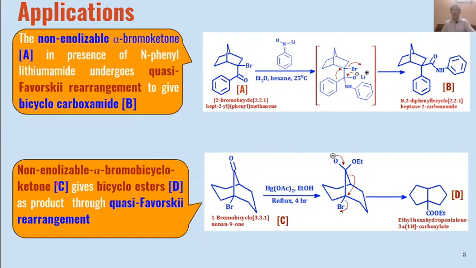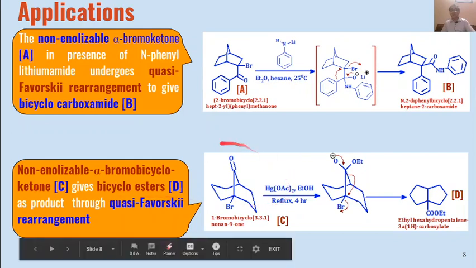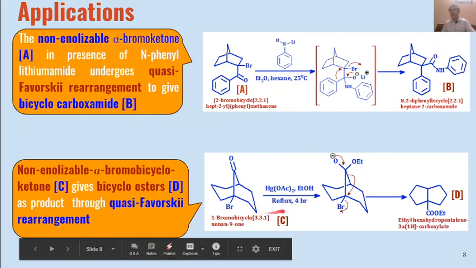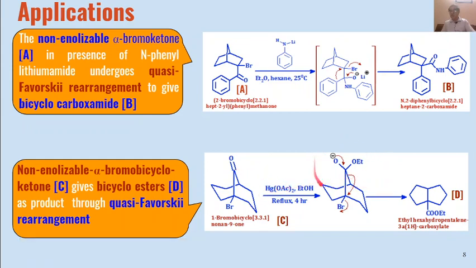Then another example of non-enolizable alpha-bromo bicycloketone. See this type. This is the substrate: 1-bromo-bicyclo[3.3.1]nonan-9-one. So when this is reacted with mercuric oxide in ethanol, ethoxide acts as a base, and ethoxide from ethanol attacks this in presence of mercuric oxide, and we will get this type of intermediate.